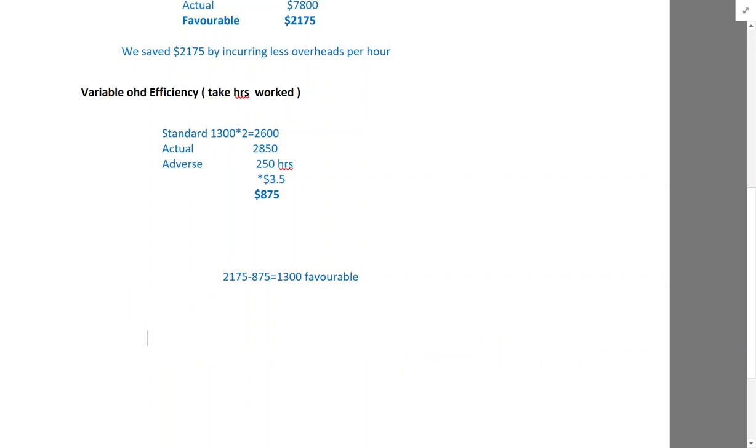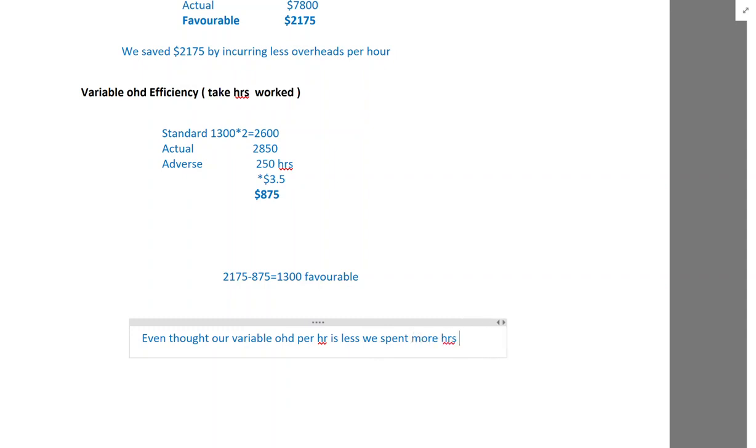Even though our variable overheads per hour is less, we spend more hours, which resulted in overheads being charged more.